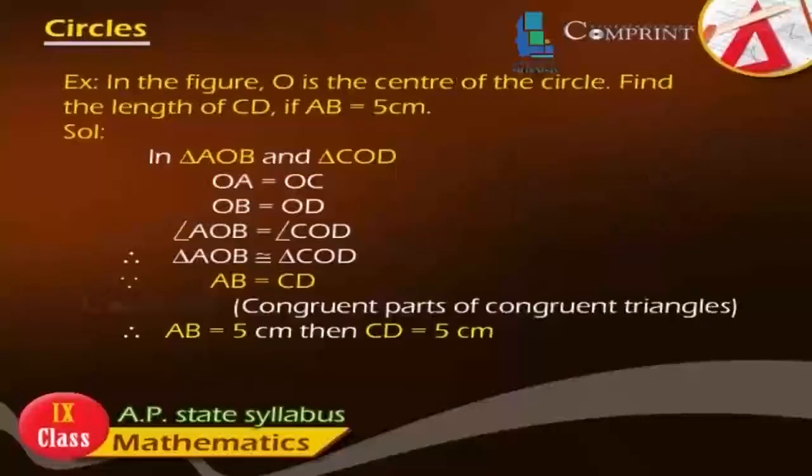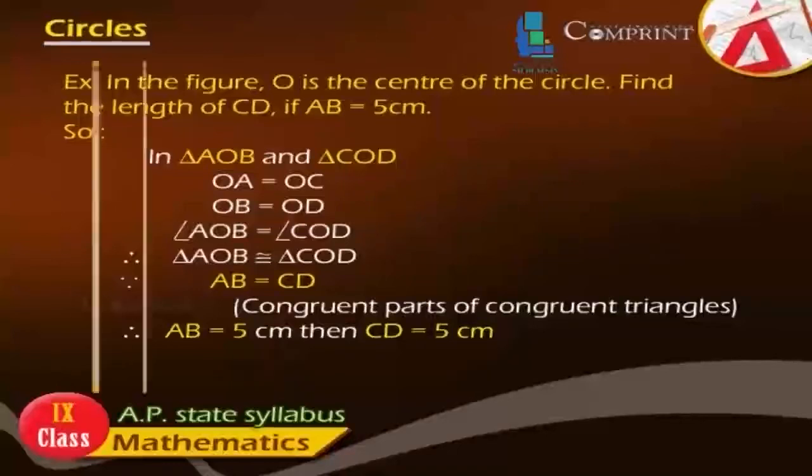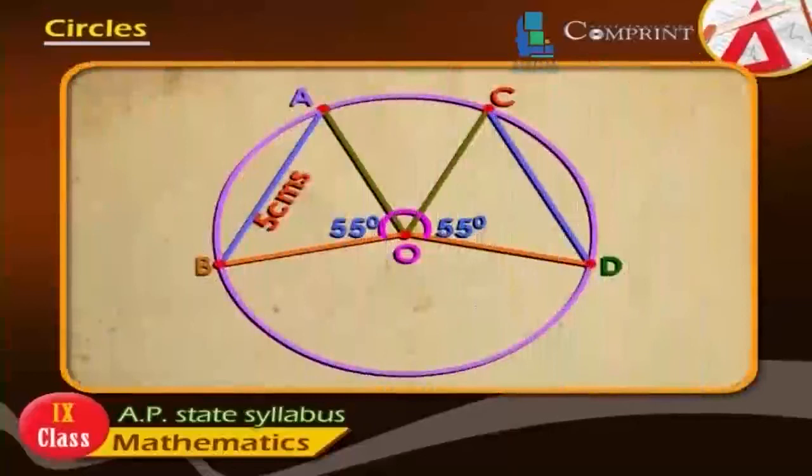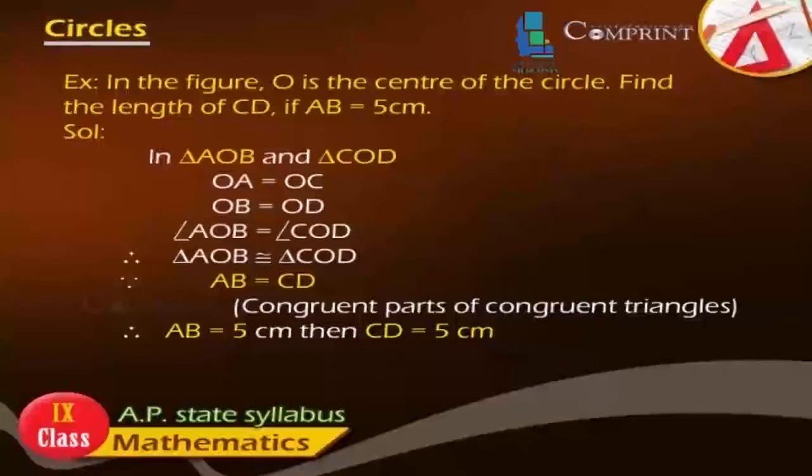Example, in the figure, O is the center of the circle. Find the length of CD if AB is equal to 5 centimeters. Solution. In triangle AOB and triangle COD, OA is equal to OC, OB is equal to OD, angle AOB is equal to angle COD.